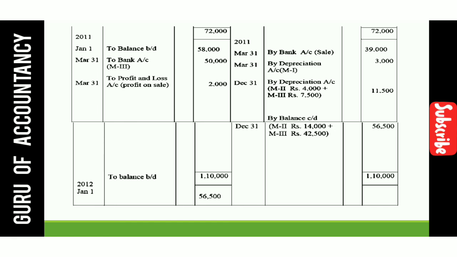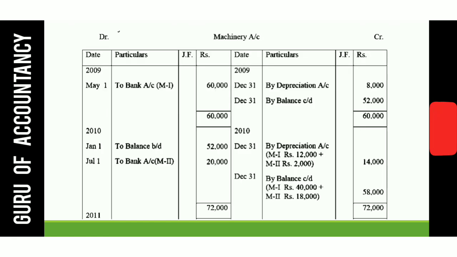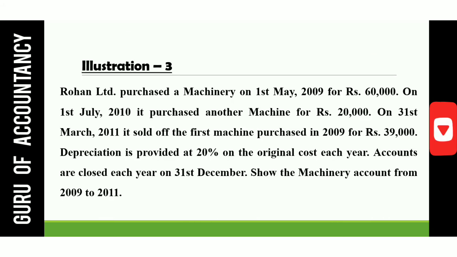Now let us see again what is given in the question. See the question. On 31st March 2011, that means after 3 months, it is sold off. The first machine, that is machinery of 60,000, is sold out for rupees 39,000.